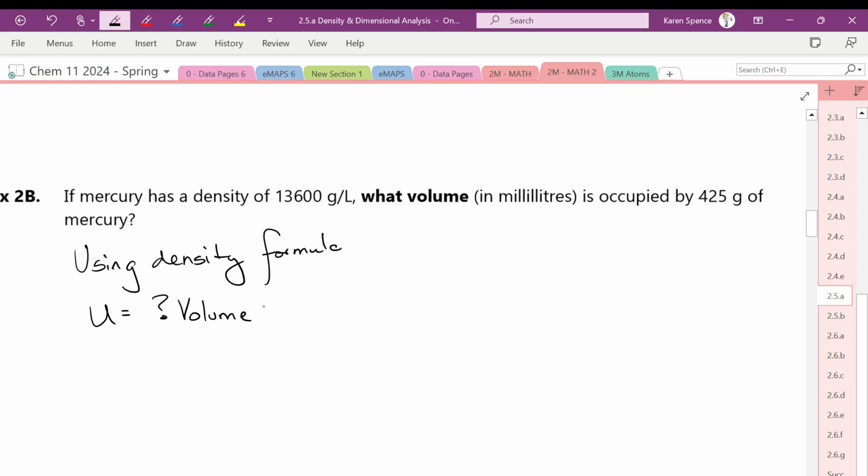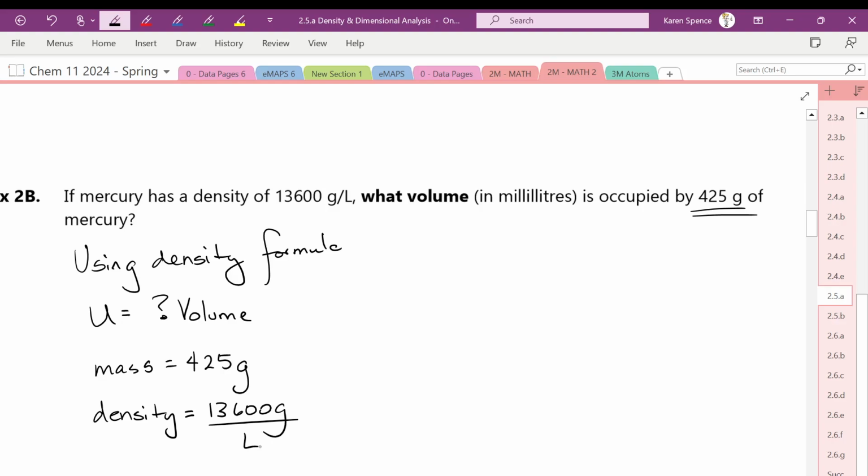Okay, and the other thing you'll need to do is say, I have my mass is equal to 425 grams, and my density is equal to 13,600 grams per liter. Now you will take your density formula. Density equals mass over volume.